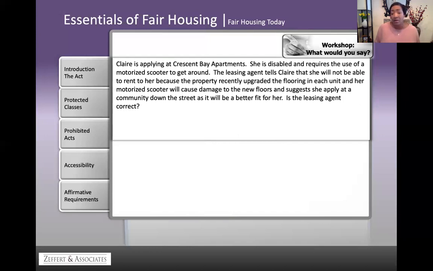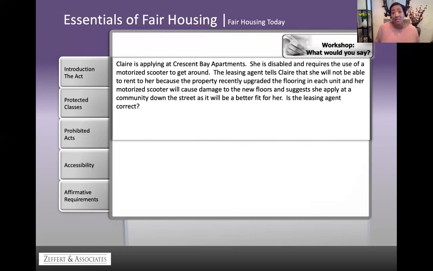I certainly hope we all agree that unfortunately the leasing agent is incorrect, okay? This individual that is disabled and requires the use of a motorized scooter is allowed to apply at the community as long as she meets the qualifications of the program and any occupancy requirements that you may have.